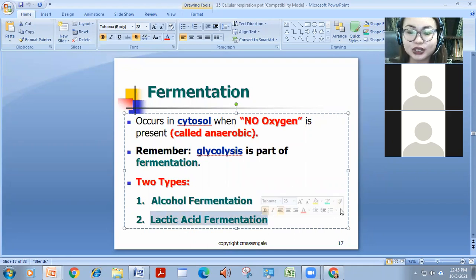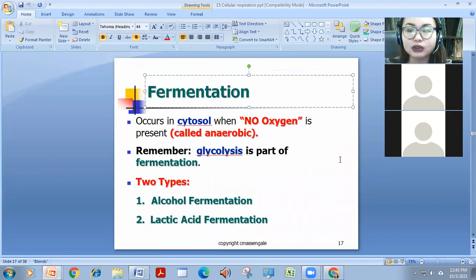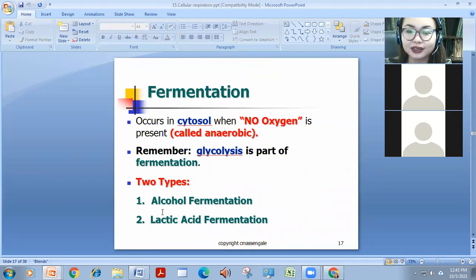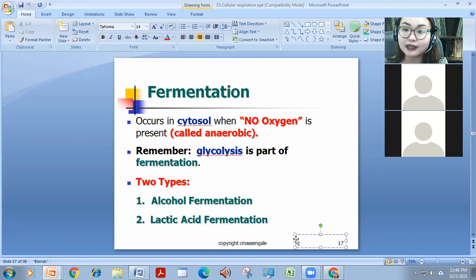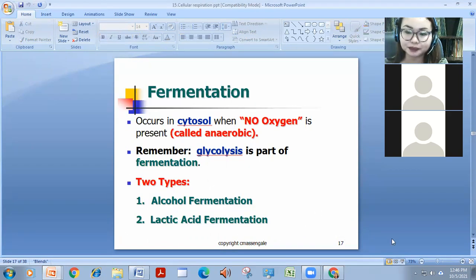So those are the two types without oxygen. That is why we get wine and beer products, while in lactic acid fermentation, we get milk, fermented milk products, and even our vinegar, acetic acid.